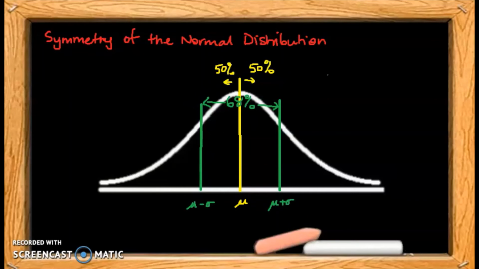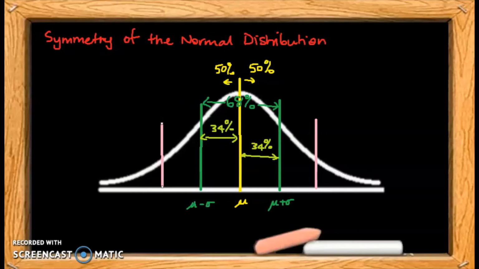Now, knowing this, we can therefore calculate that there must be 34% here and 34% here.